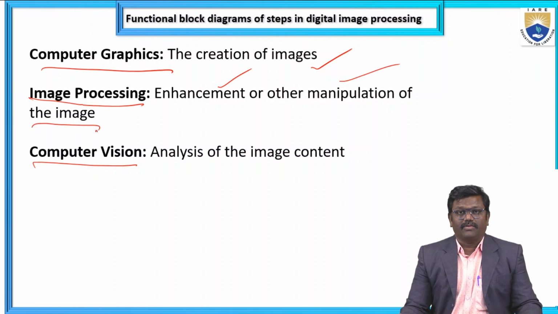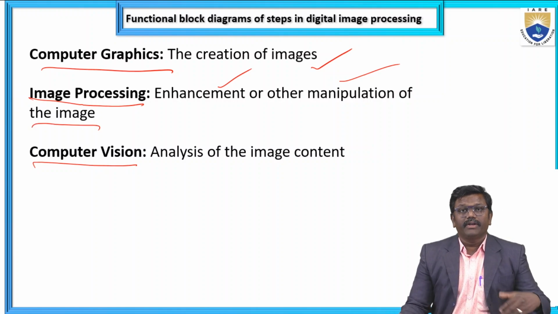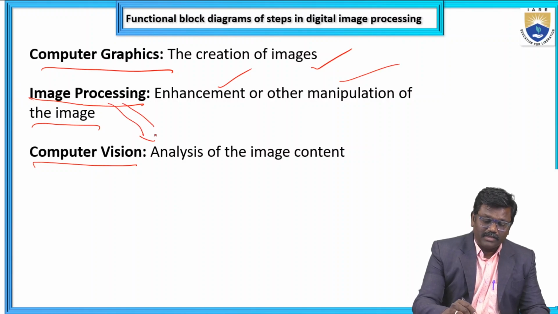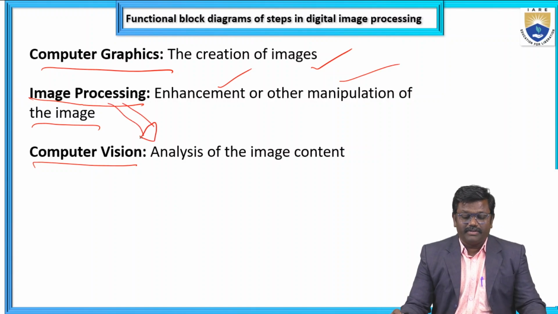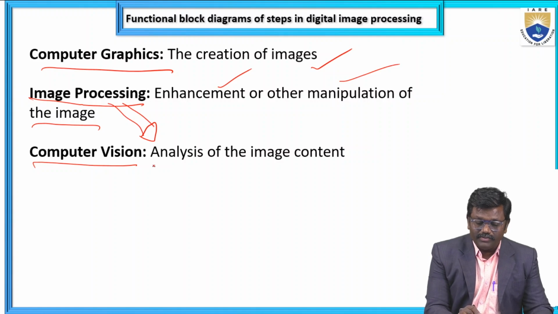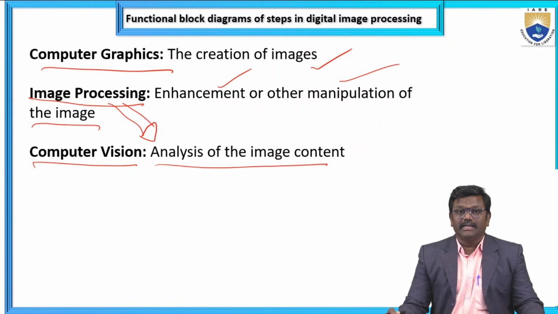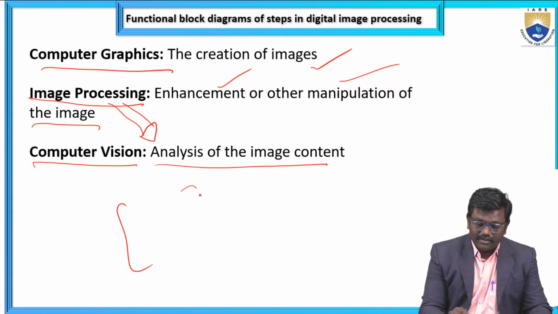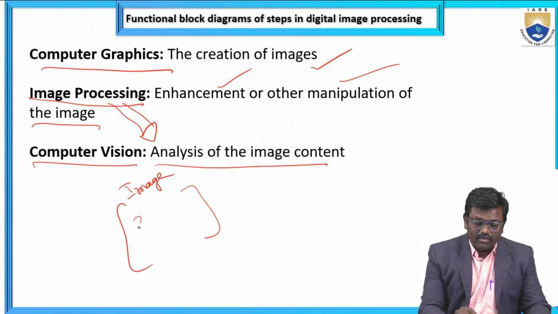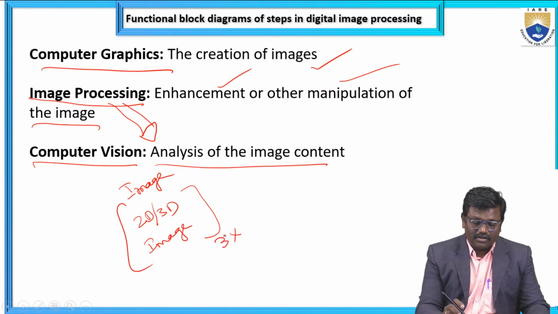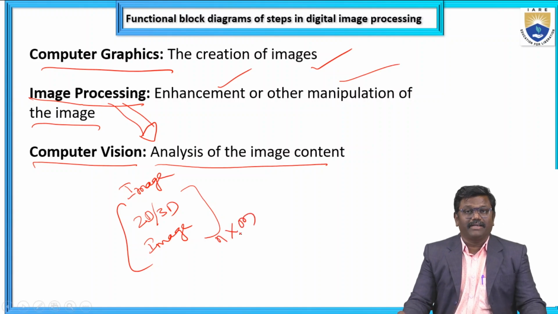But where we connect image processing to computer vision, we simply use computer vision for analysis of the image content. The image content is when we take an image, either 2D or 3D, defined in terms of matrices, in the sense of M by M content of information.